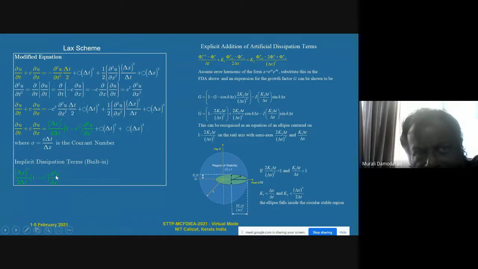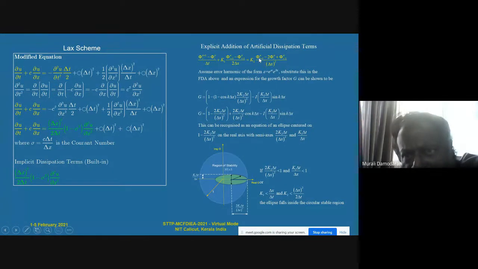So that led to the explicit addition of artificial dissipation terms. I have my finite difference equation here, the forward time, central space discretization of this wave equation, and now I add a term here that is the artificial dissipation term, which is a second order term.